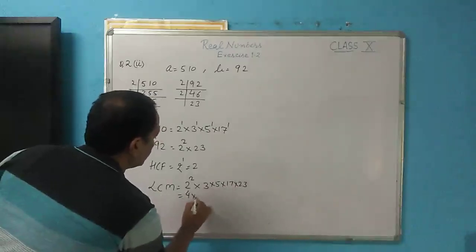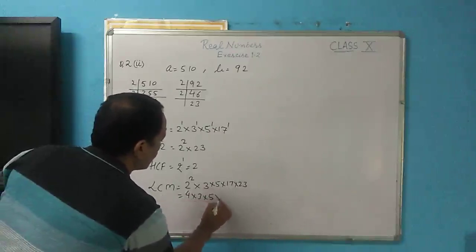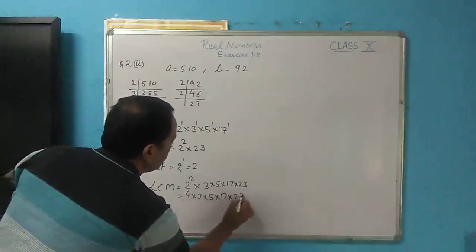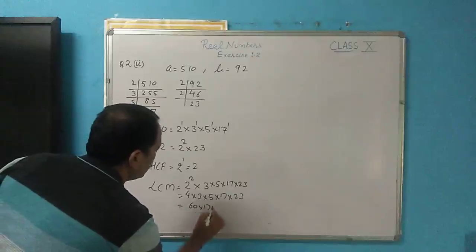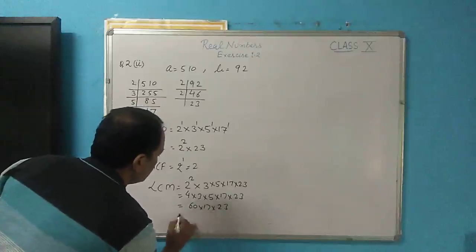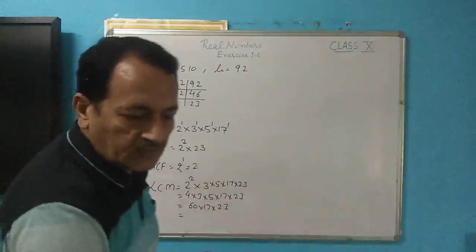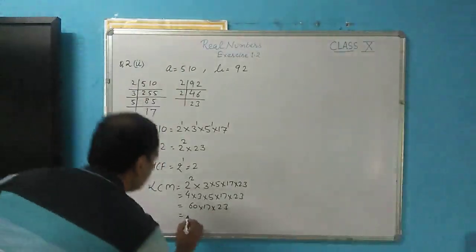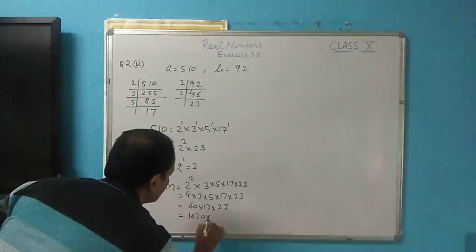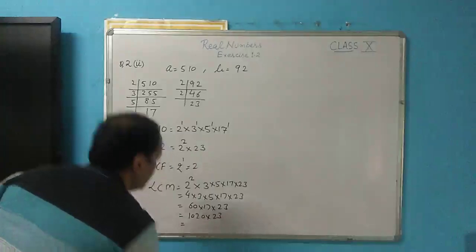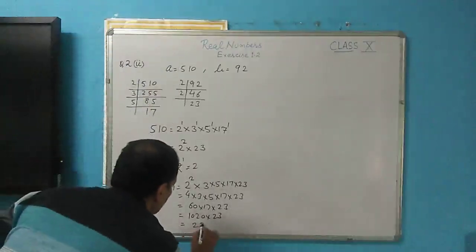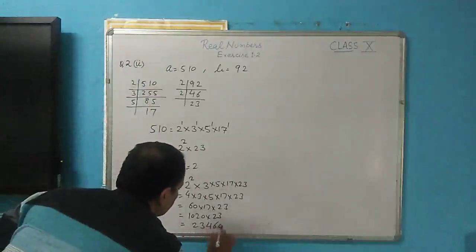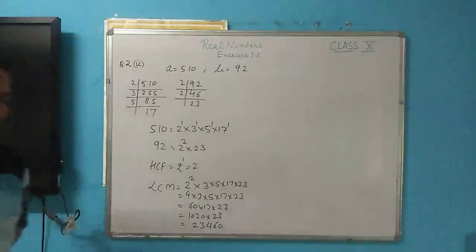So 4 into 3 into 5 into 17 into 23 is 60 into 17 into 23. Now it comes out to be 23,460. So this is the LCM.